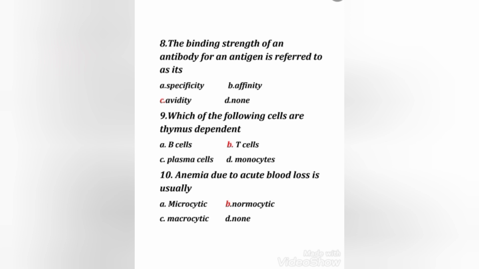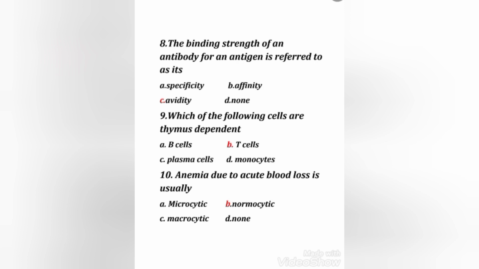Next question. The binding strength of an antibody for an antigen is referred to as its specificity, affinity, avidity, none. Here the right answer is option C, avidity. The binding strength of an antibody for an antigen is known as avidity. So what is specificity?